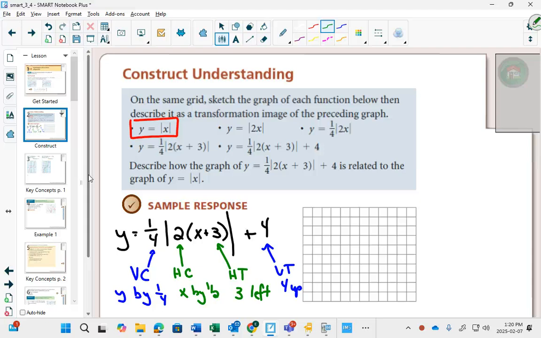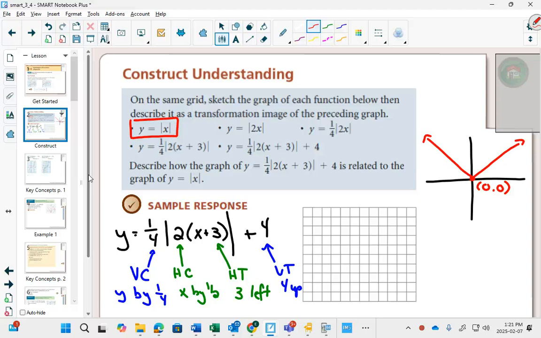So in order to see what the final graph looks like, we have to, in our head, have the original graph, which I'll draw in red here. Here's our absolute value graph. Very important point would be 0, 0, because that's where it sort of changes directions. Now, we have a bunch of things to do.